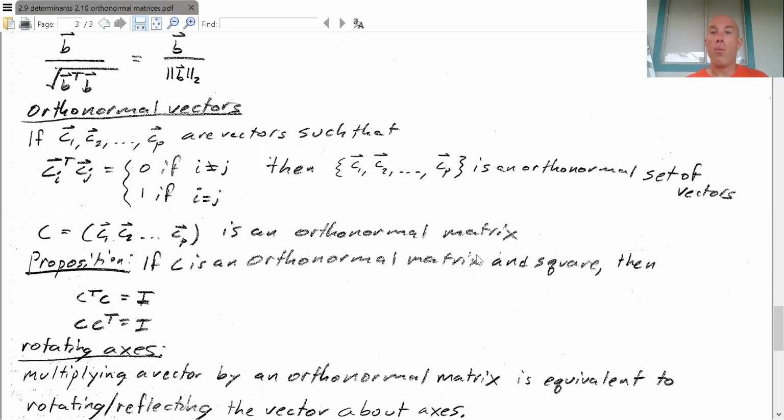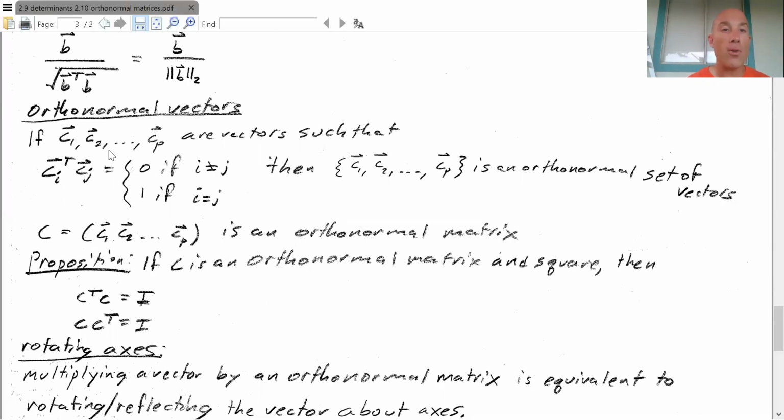Data comes as data comes, but if I have the opportunity to work with it, I want them to be orthogonal, all perpendicular to each other, and I want them to be of length 1. That way it standardizes things as I do my variable screening.